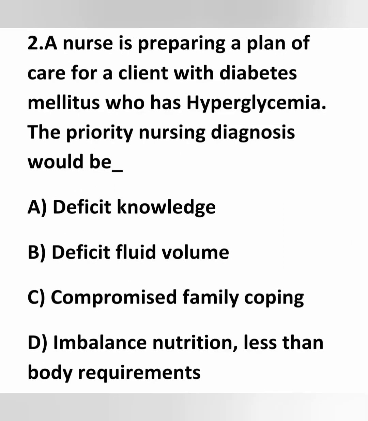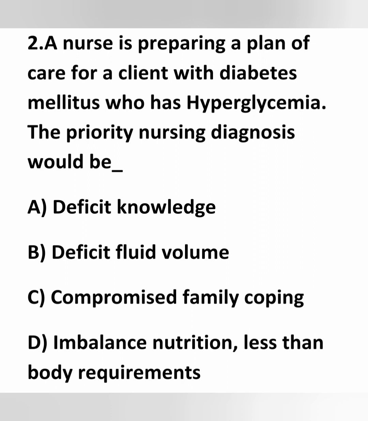Next question, second question. A nurse is preparing a plan of care for a client with diabetes mellitus who has hyperglycemia. The priority nursing diagnosis would be: option A, deficient knowledge; option B, deficient fluid volume; option C, compromised family coping; option D, imbalanced nutrition less than body requirement.